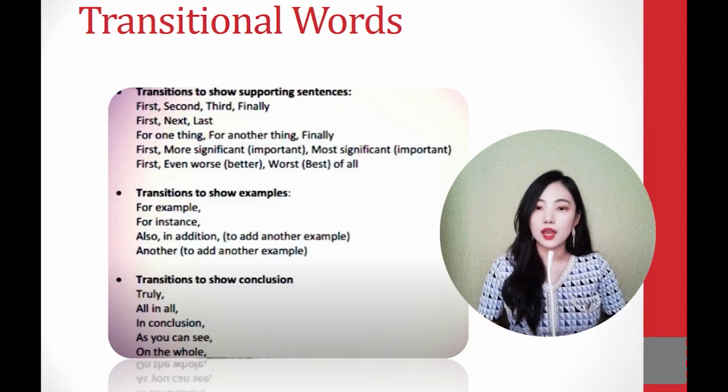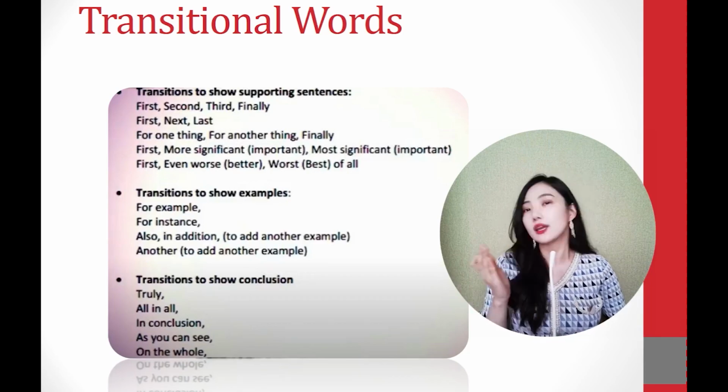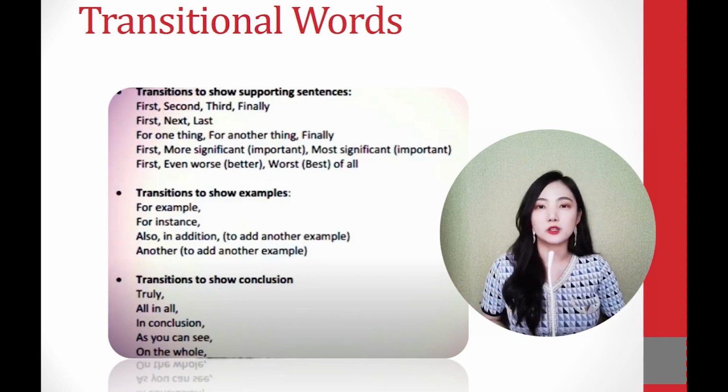You can also say most significant. That means it's the most important information. First, better, best. First, even worse, worst of all. Next one was for examples. Okay? So you can say in addition, another, when you are adding another example.